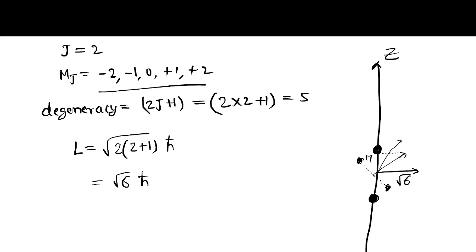Similarly +2. Similarly here -1, -2. So you'll have something like this. See, you have 5 different directions for the angular momentum vector, but all have the same magnitude, under root 6. So all will have the same energy. That's why we call it a degenerate state.